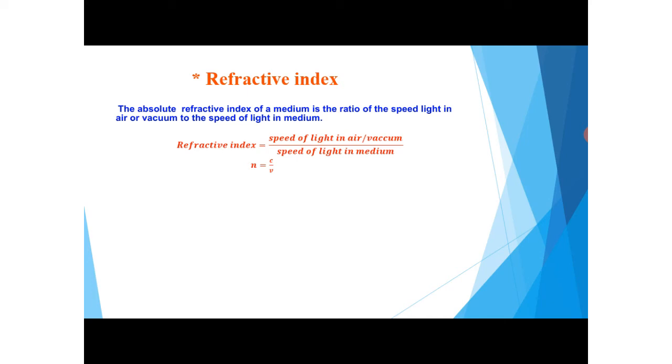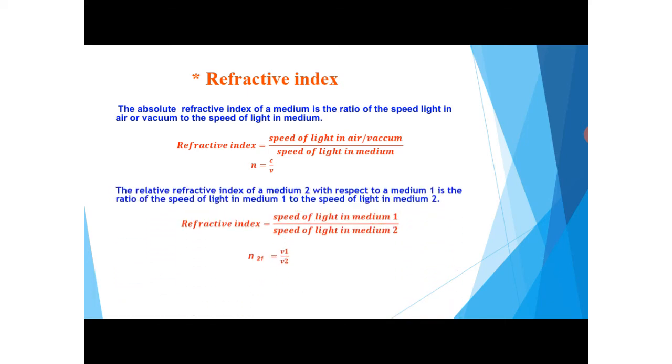Another relation: this is the case for absolute refractive index. If we want to find the relative refractive index, what is the meaning of relative? Relative means the refractive index of one in relation to the refractive index of the other, meaning how much denser one object is as compared to the other.